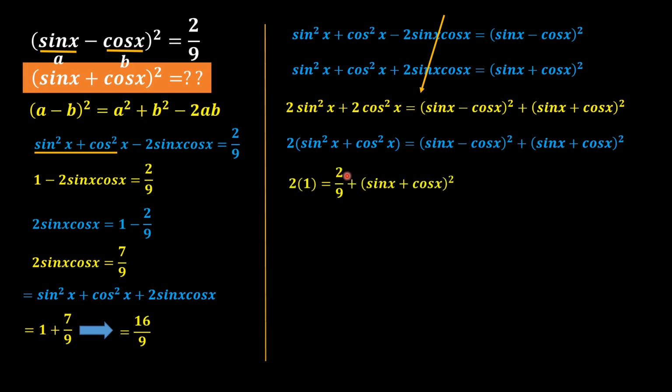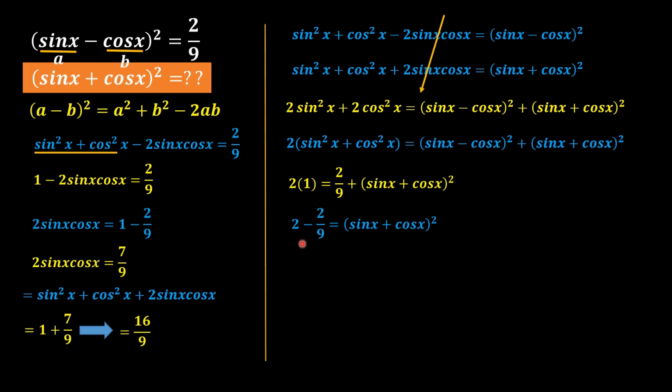Now from the trigonometric identity, sin square x plus cos square x is equal to 1, and from the question we can see that (sin x minus cos x) whole square is equal to 2 over 9. So we replace it with 2 over 9, and the remaining part of the equation remains the same, which is the required expression. In the next step, 2 multiplied by 1 is 2, and this 2 over 9 will move to the other side of the equation and convert to minus 2 over 9.